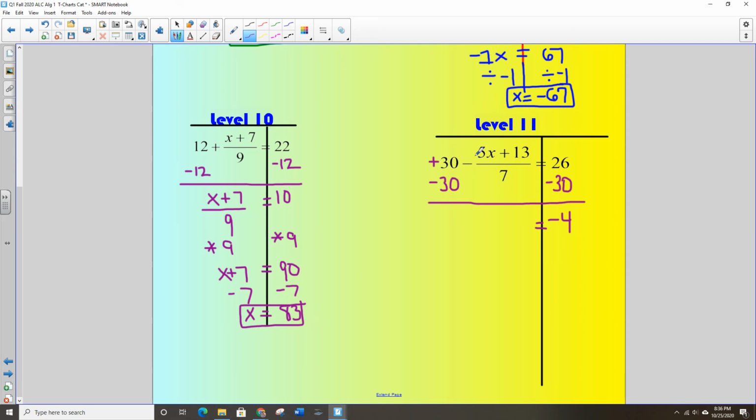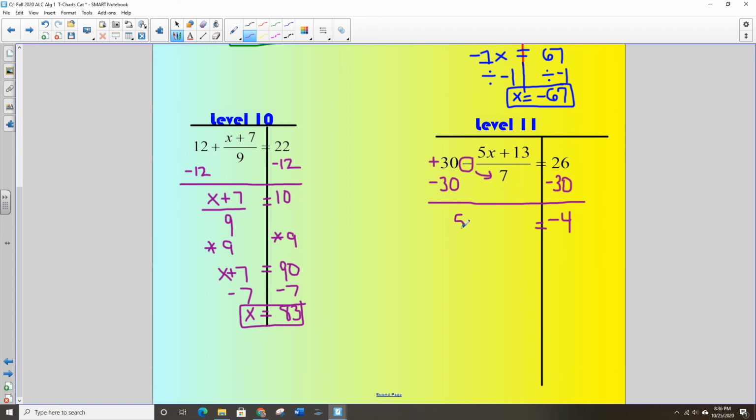Okay, now you have this moment of truth. See this negative right here? It can be on the top or it can be on the bottom. It just can't be on both. And my suggestion to you is look for either the top or the bottom, which one is less complicated, and that's where I'd send it. So I'm going to send it to the bottom.